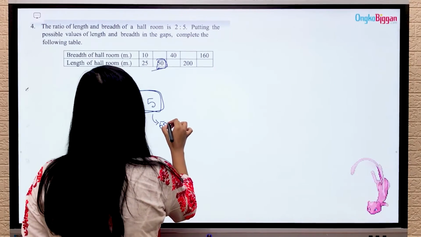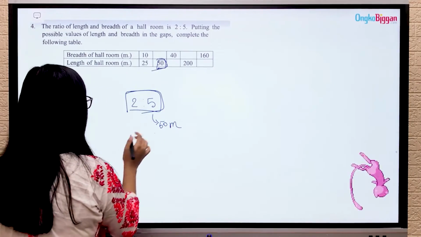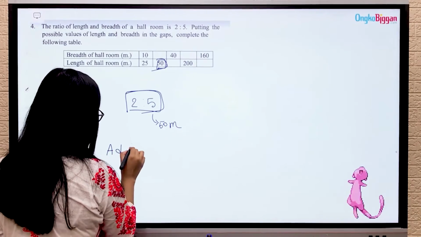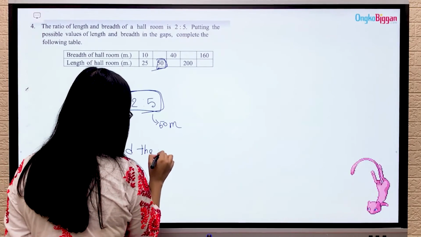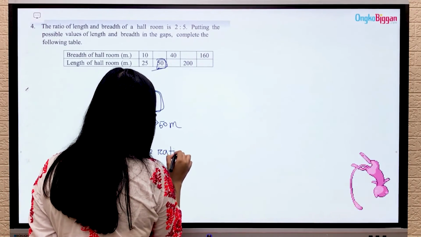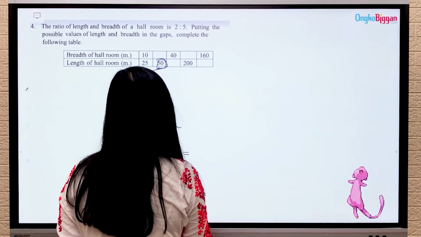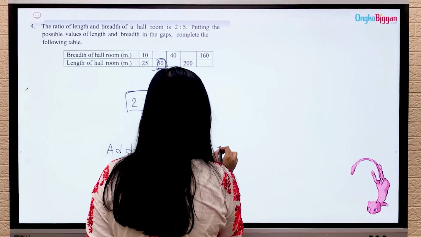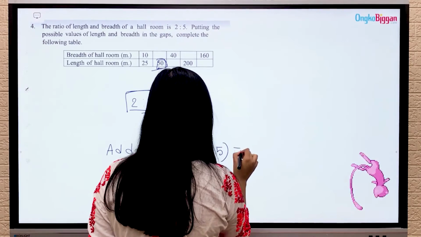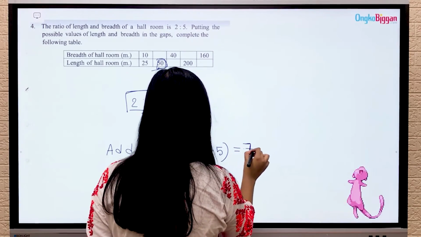So what we will do is just add the ratios, that is 2 plus 5 will be equal to 7.